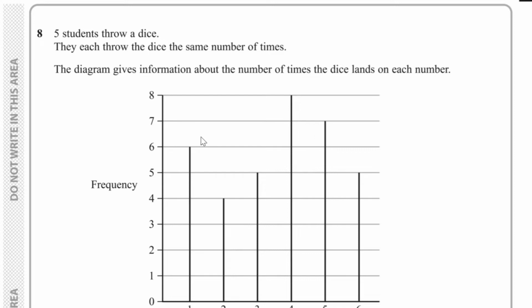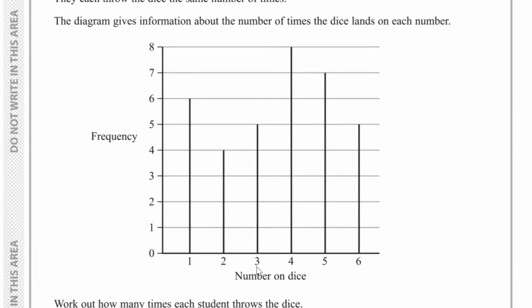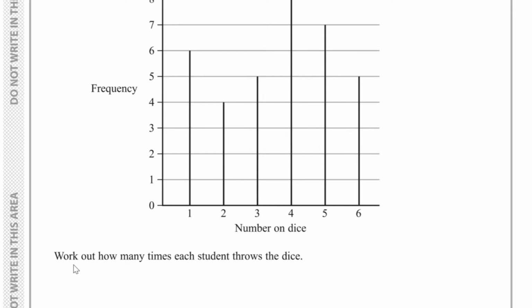Question number 8. 5 students throw a dice. They each throw the dice the same number of times. The diagram gives information about the number of times the dice lands on each number. We've got the frequency and the number on the dice. We have to work out how many times each student throws the dice.